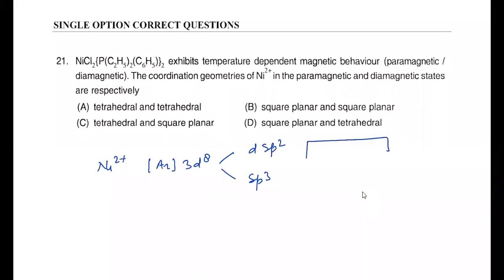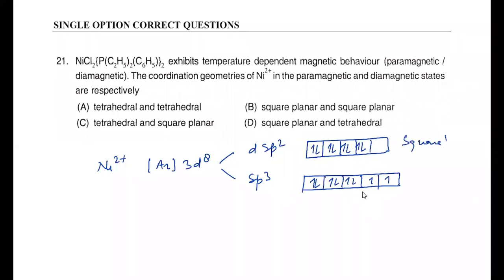So if it will undergo dsp2 configuration, then the d8 configuration will be like this. And when it is sp3 hybridization, then no pairing will take place and the configuration will be like this. So here geometry is square planar and diamagnetic, and here it is tetrahedral and paramagnetic.